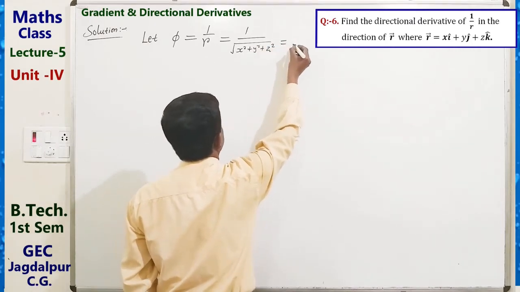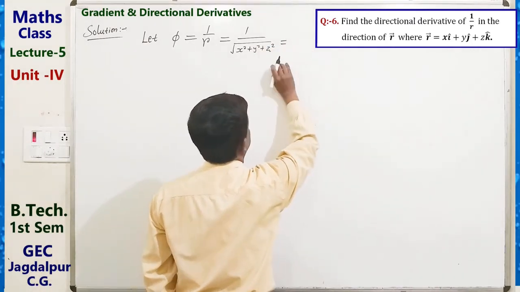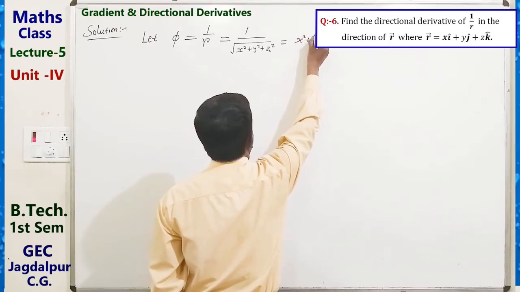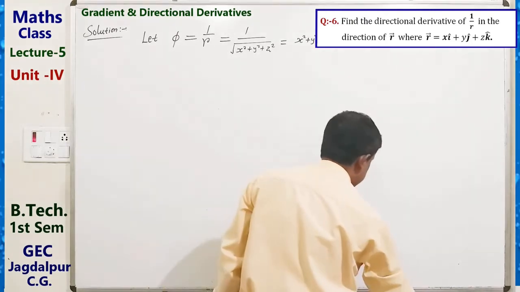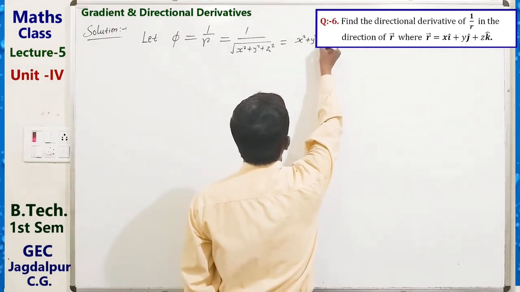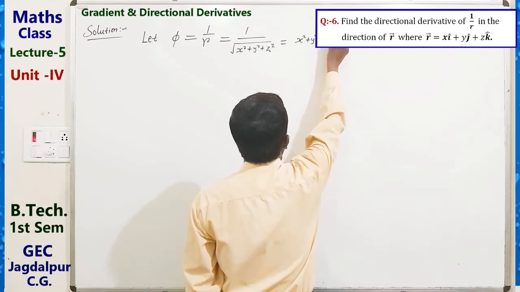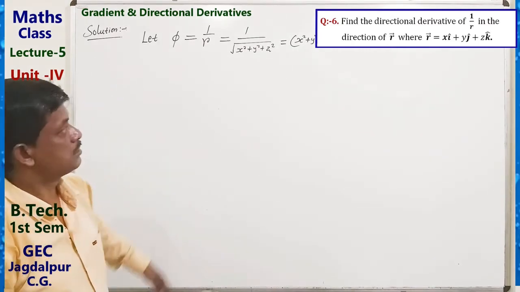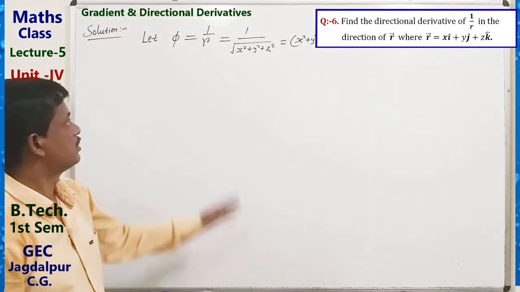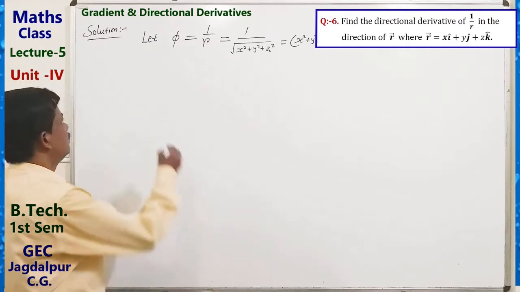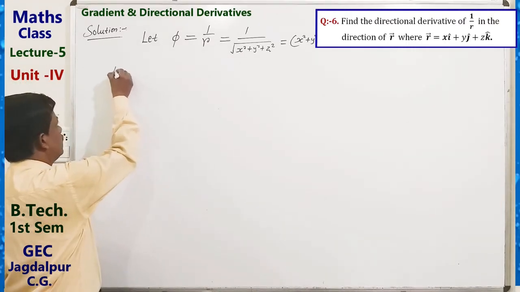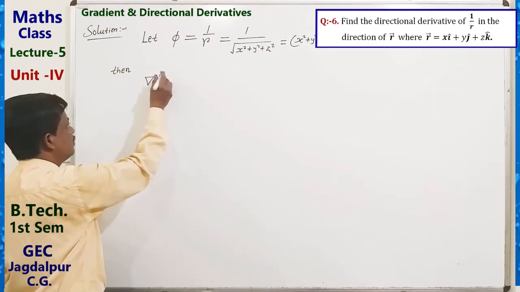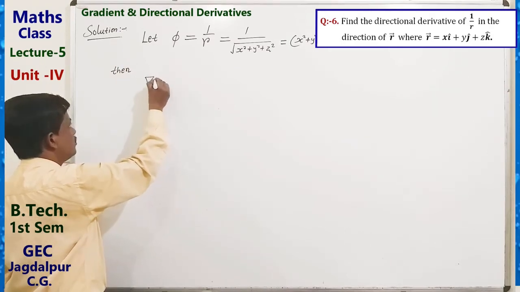That is, we can write (x square plus y square plus z square) to the power minus half. This is r, a function of x, y, z. Then we require del phi for the directional derivative.